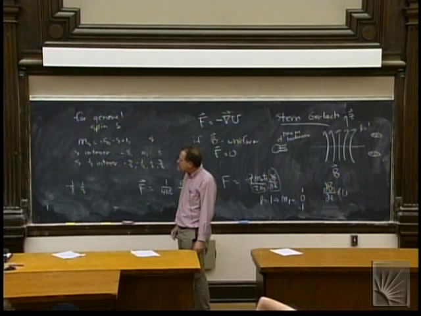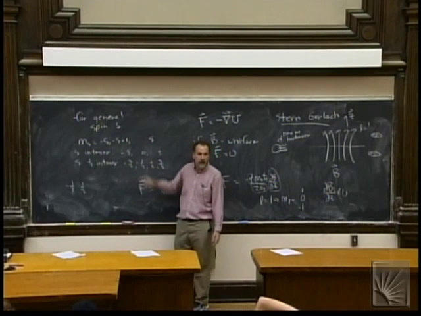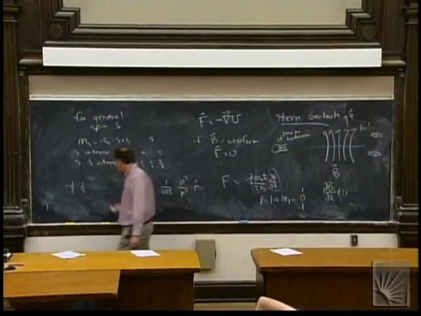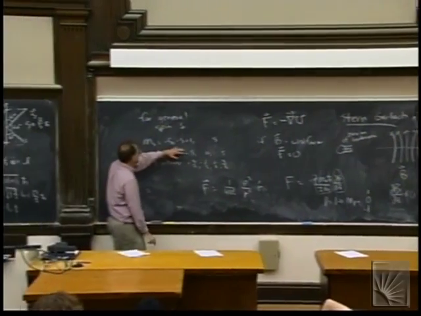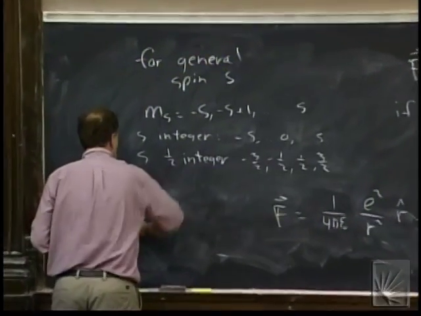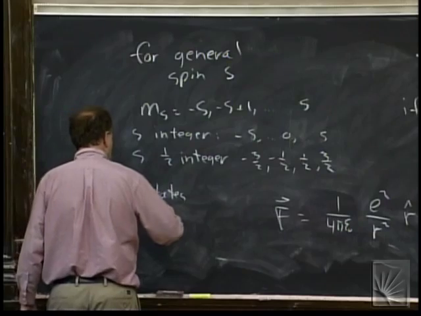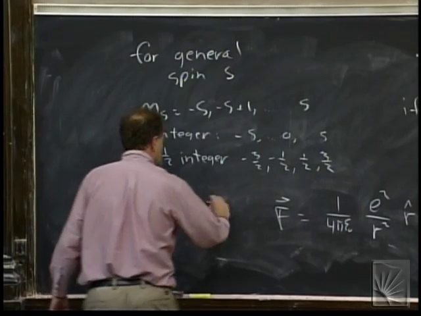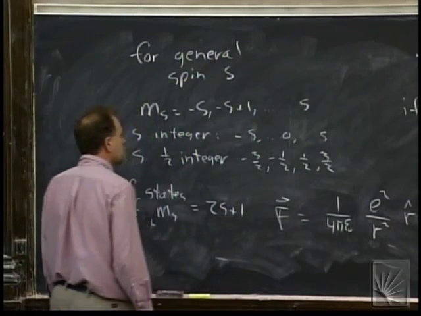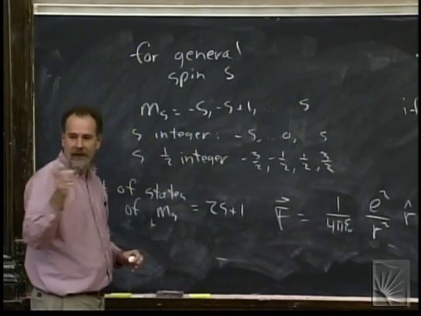And so the m sub s had these properties. Let me mention real quick, if you count the values of m sub s, the number of states is 2s plus 1. This is the thing I think I told you Euler did.